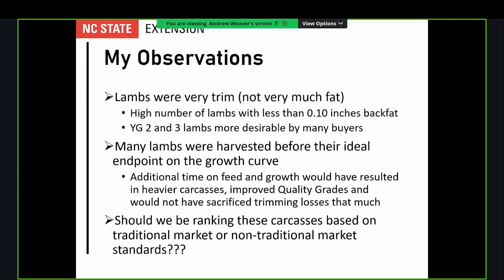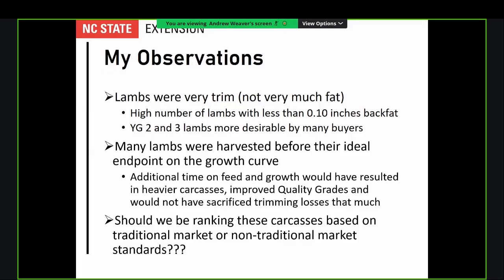The number one priority is carcass weight. Having carcasses weigh less than 40 pounds is the most important thing. Beyond that, sure, some extra muscling is great, but they're not going to take extra muscling at the cost of carcasses that are too big and too heavy.